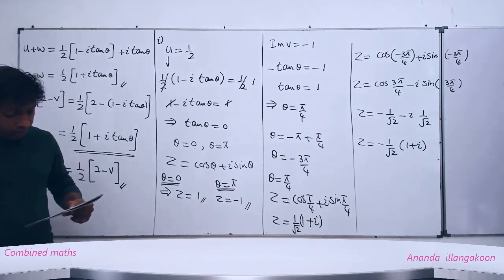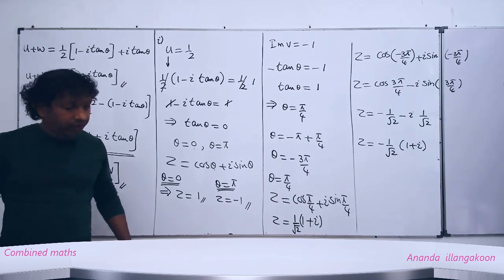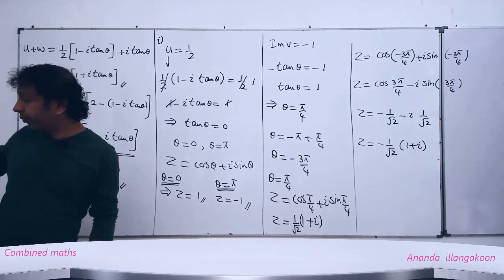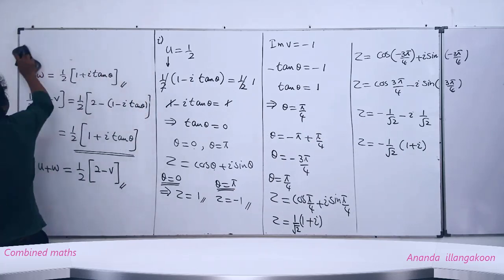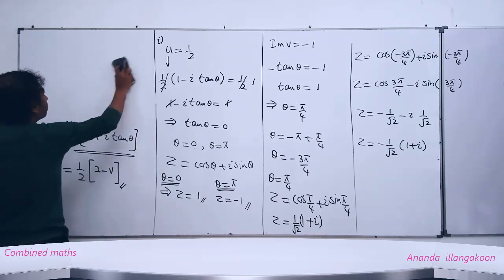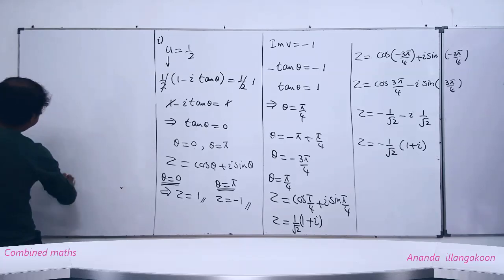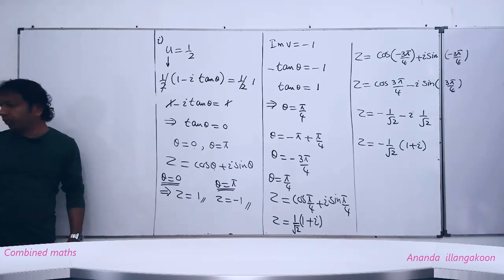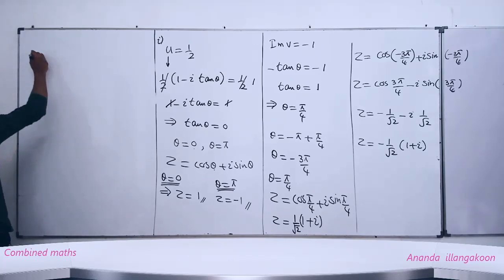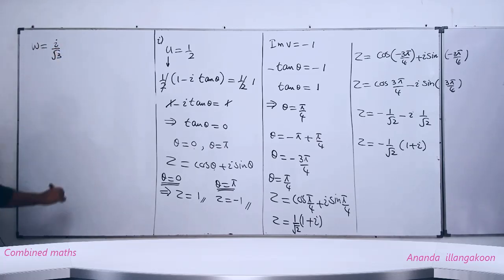Right. Show that the complex numbers Z which satisfy the equation W equals I over root 3. Right.